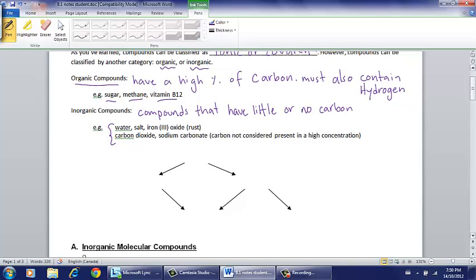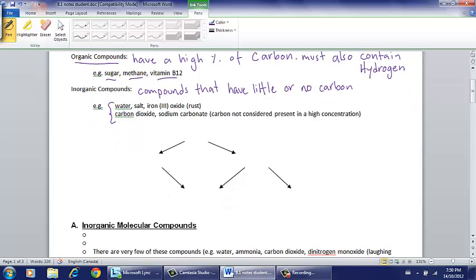So we're going to make a little classification chart here. At the top is compounds. And compounds can be broken down into two different broad categories. Those that are non-living, so inorganic, and coming from living things, organic.